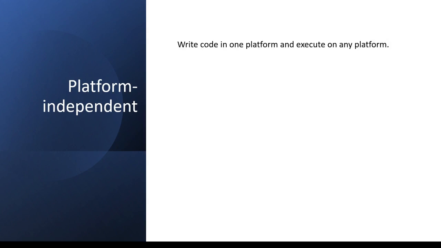So why is Java called platform independent? When we write Java code, first we compile the code, and next the interpreter will execute the code. There are two processes, right?